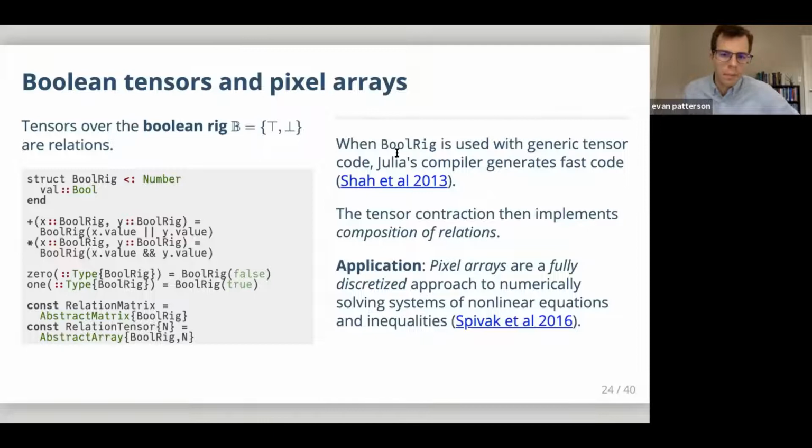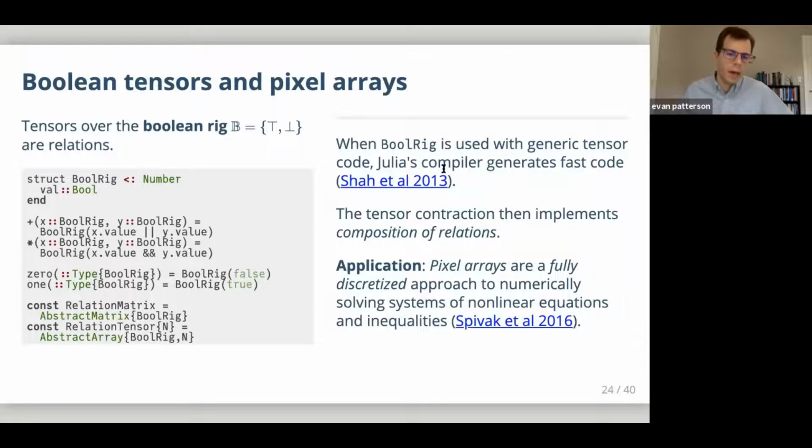Early on in the development of the Julia programming language, the Julia developers actually wrote a paper where they pointed out that Julia allows for efficient computation over semi-rings because its compiler generates efficient code, even though there's this struct here that's wrapping the Boolean value.